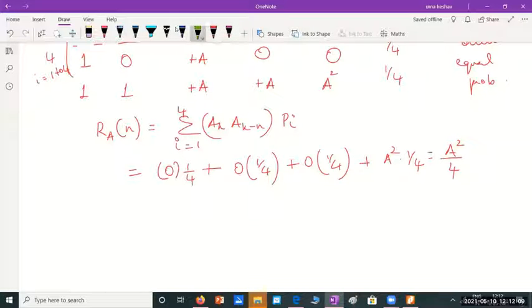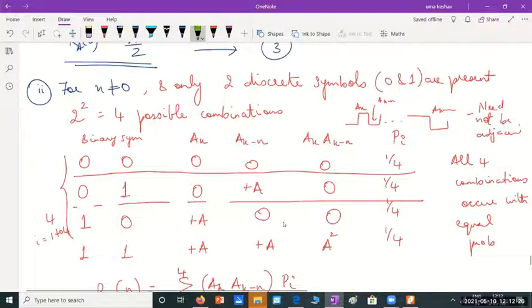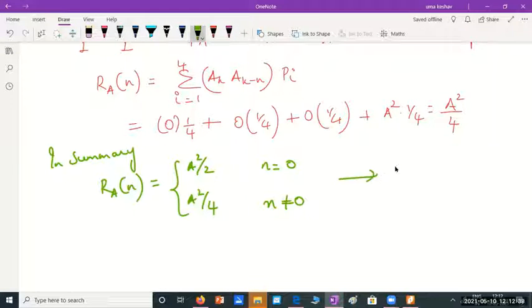So in summary, what do we write? The autocorrelation function Ra of n, how much was it when n was 0? Ra of 0 was A square by 2. So for n equal to 0, its value is A square by 2, and for n not equal to 0, its value is A square by 4.